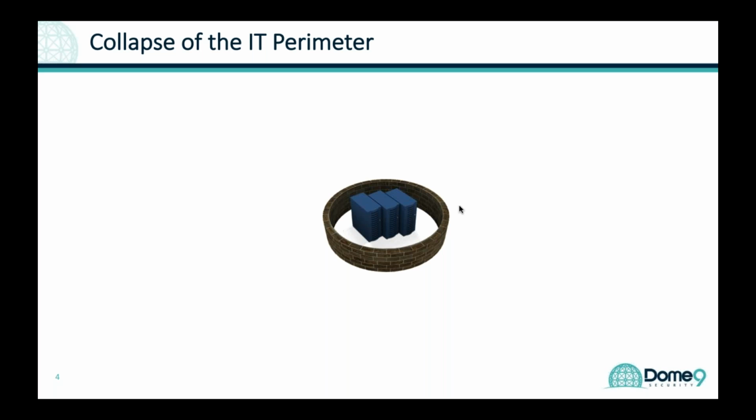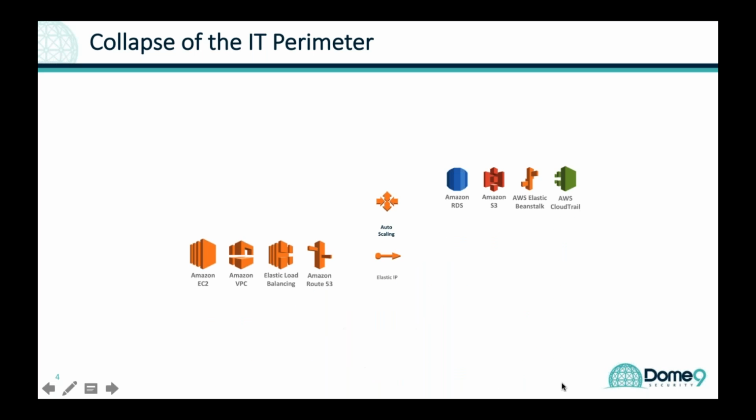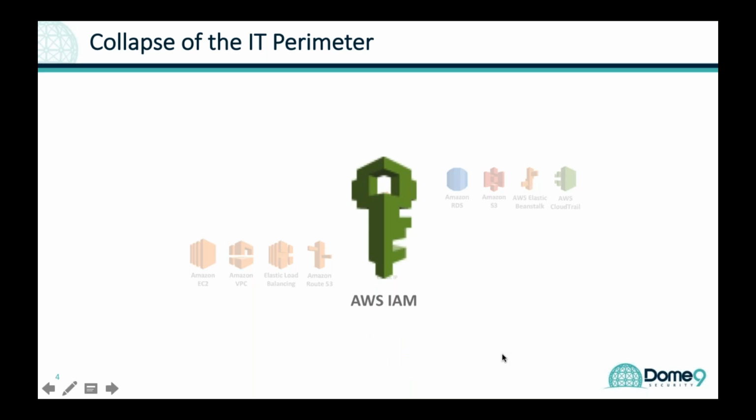That's been replaced. That's gone away and been replaced by a service consumption model where we don't have disparate authentication mechanisms. We have exactly one, and that one mechanism in AWS, IAM, really dictates access across all of these services, everything you can do with AWS.